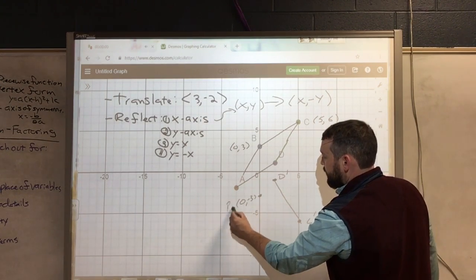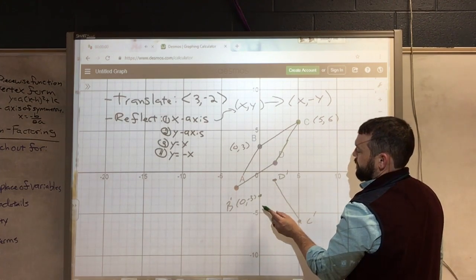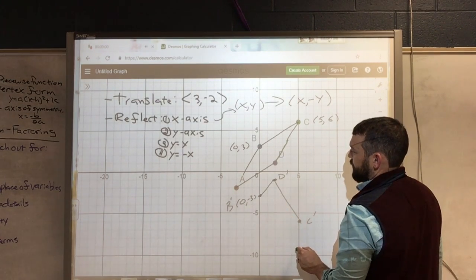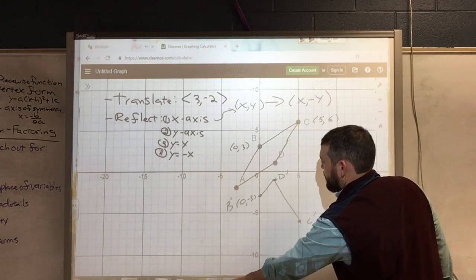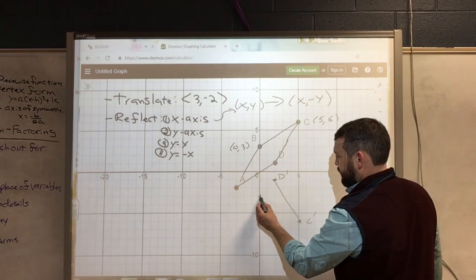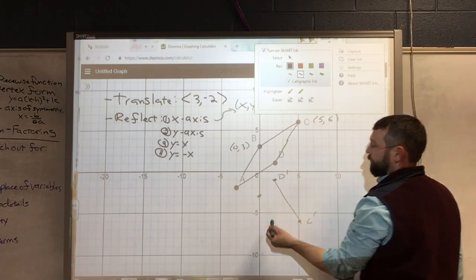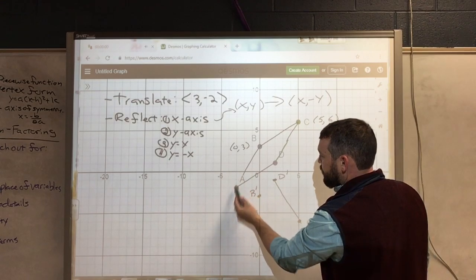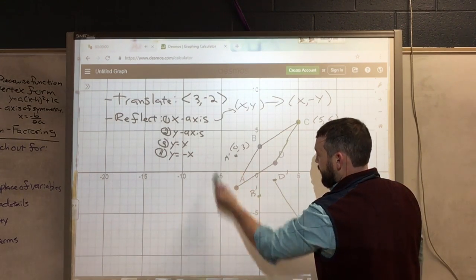That's my B prime. And my A was 3, negative 2, so that's going to be 3, positive 2. So that's going to be my A prime.